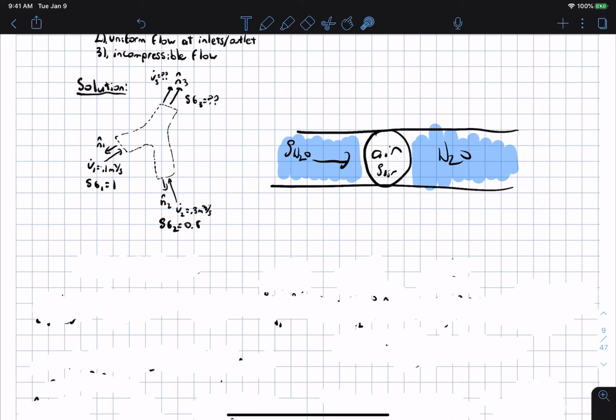Basically, you can apply the incompressible flow assumption to a scenario where the density is not constant. If we look at the control volume through here, as this bubble passes through the system, the volumetric flow rate still holds.